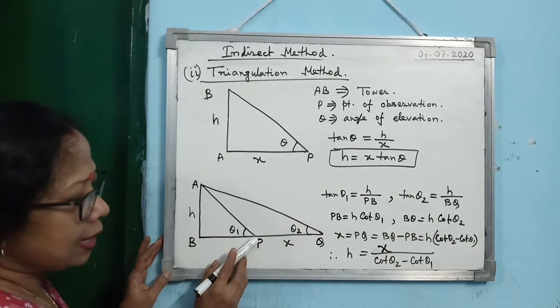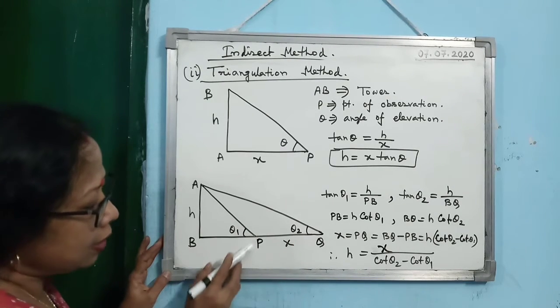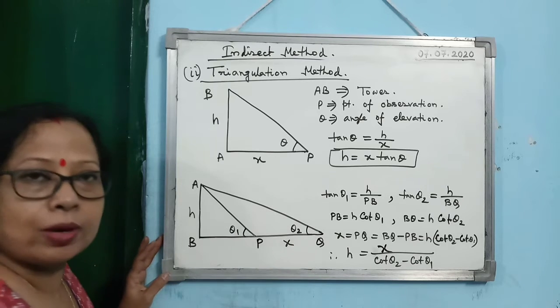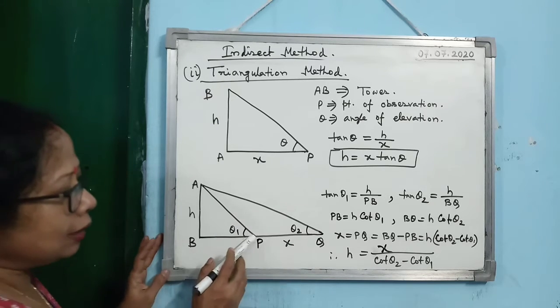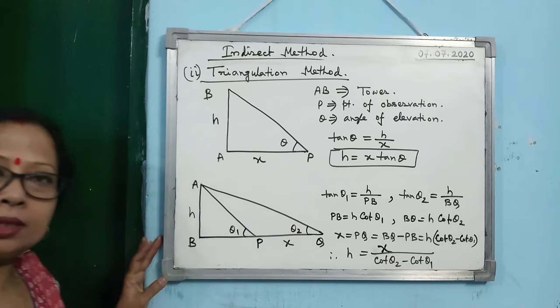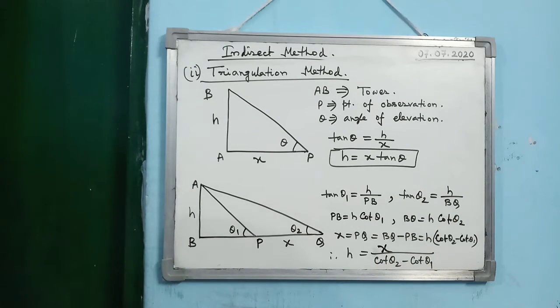Suppose you are standing at the point P and then at the point Q, you change your position. How much you have changed the position, that distance PQ, x, you can measure. At the two positions P and Q, find the angles of elevation, theta 1 and theta 2. Then by simple mathematics you can find the height of the tower.